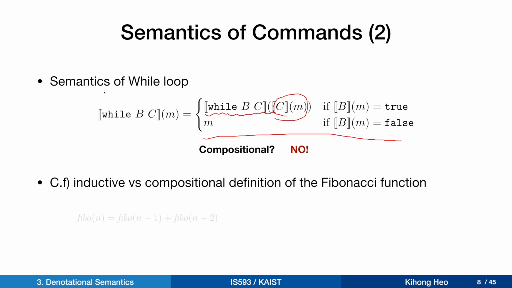So here is a common description of the Fibonacci function, which is inductively described, which means that on the left hand side you use this function Fibo, on the right hand side you use this Fibo again. So that is an inductive definition of the Fibonacci function, right?